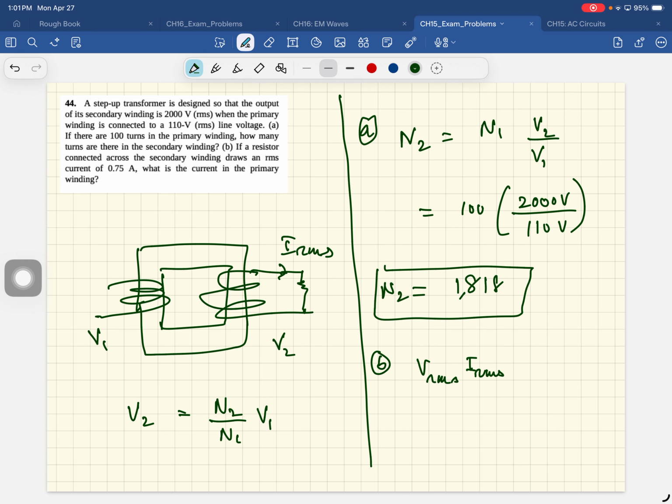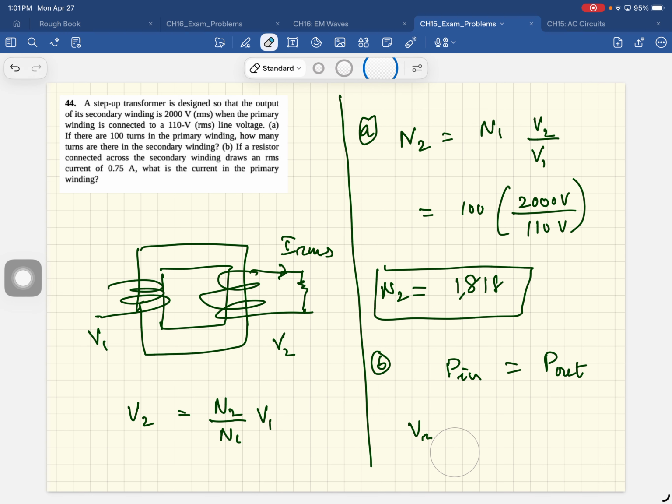Let me write it in two steps. Input power is equal to output power. So V RMS, I RMS, input equal to the same thing, output. Okay.